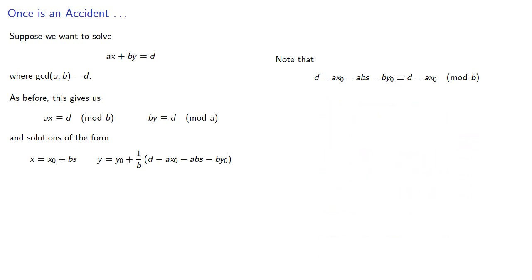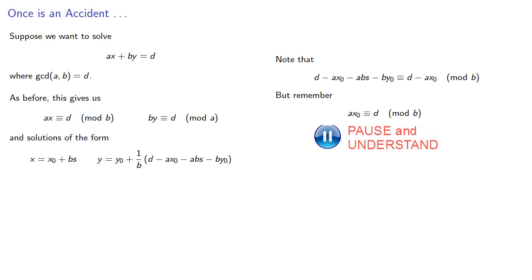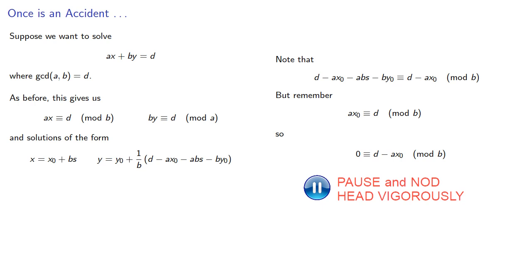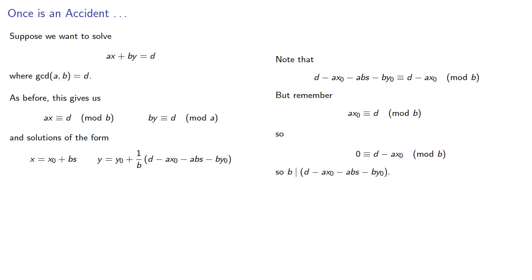But remember, ax naught is supposed to be congruent to d mod b. It was a solution to our congruence. And so we know that 0 is congruent to the difference. So we know that b does in fact divide this expression. Consequently, this expression is an integer as well.